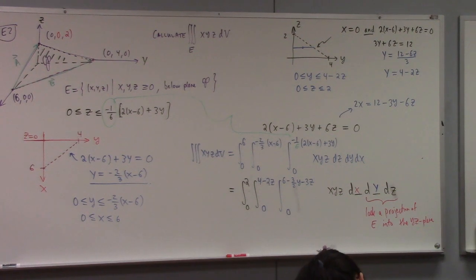And you're supposed to calculate the moment of inertia. So what do you guys think? How should we calculate the moment of inertia here? And here B is the solid sphere.